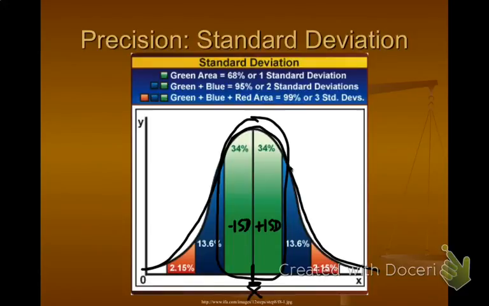It's not going to be the range, it's not going to contain all of our data, but it's going to contain most of our data. If you go two above or two below, that would be about 95% of your data. And if you add a third standard deviation above and below, that would be about 99.9% of your data.